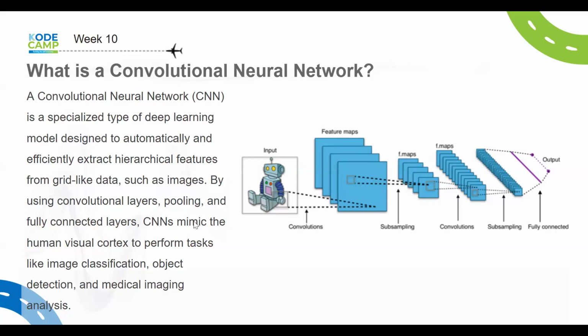So CNNs were designed similar to that and to perform tasks. The kind of tasks that your CNN would perform would be tasks like image classification, right? Object detection, and medical imaging analysis. Those are just a few examples, but you see that the common denominator in all of this is images, right?